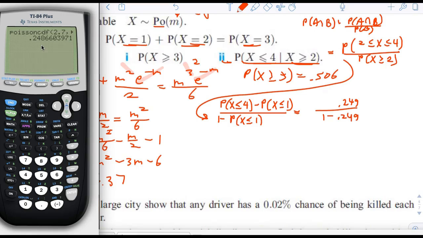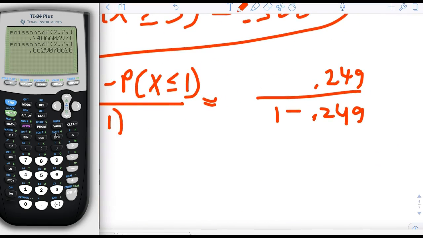And for x less than or equal to 4, we can put 4 here. We get 0.863. And then we can subtract those two.